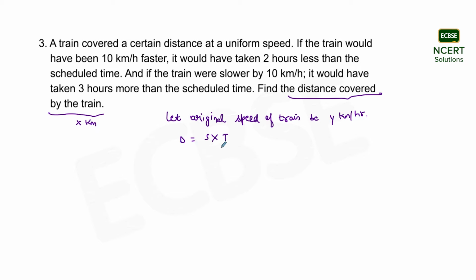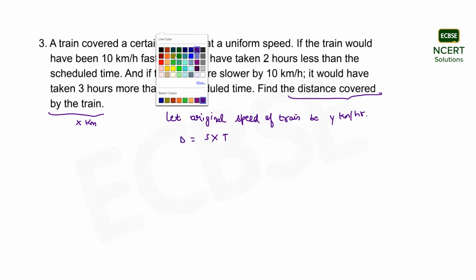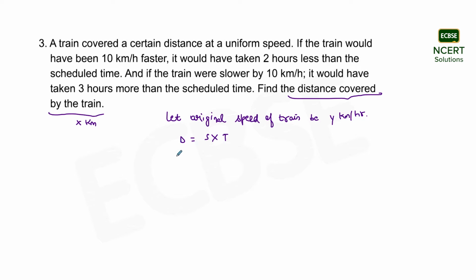So in order to find the time from the two variables, what we need to do is divide the distance by speed. Means x by y will denote the scheduled time. So writing the scheduled time is x by y.